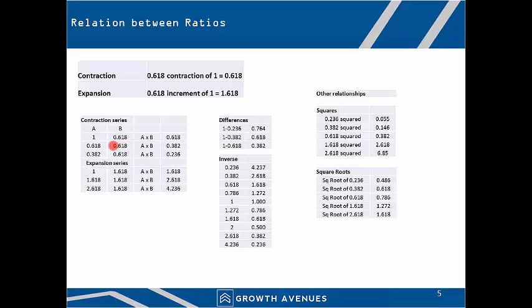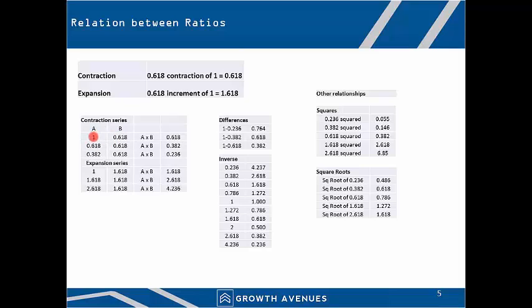So 0.382 is nothing but a 0.618 contraction of 0.618 itself. Let me repeat that. 0.382 is nothing else but a 0.618 contraction or reduction of 0.618 itself. 0.618 in turn is a reduction of 1.